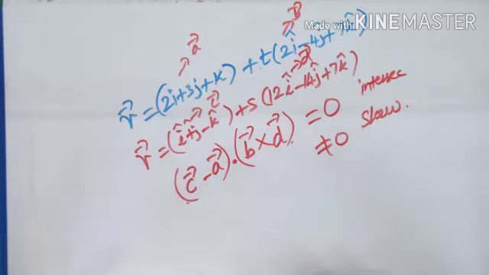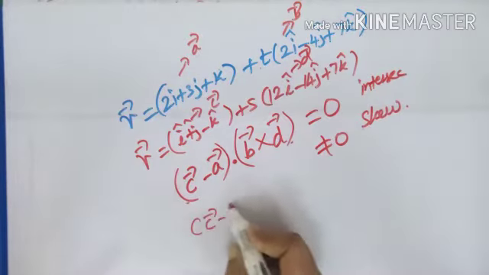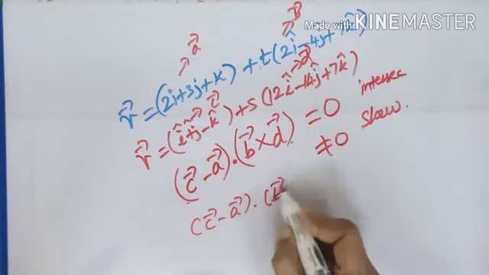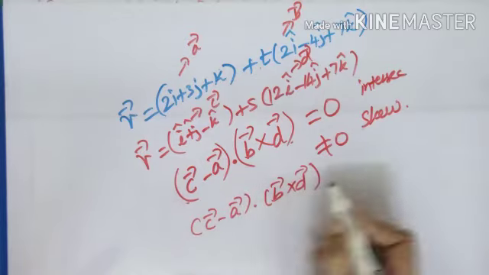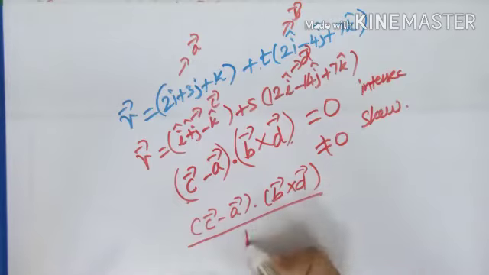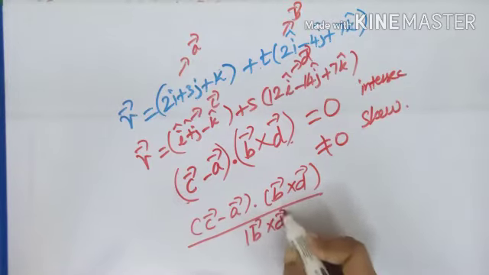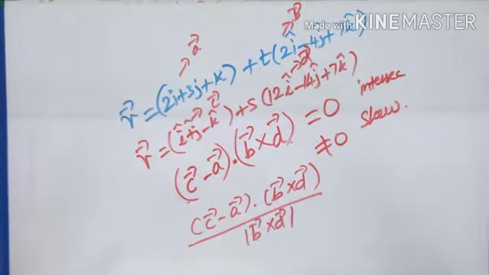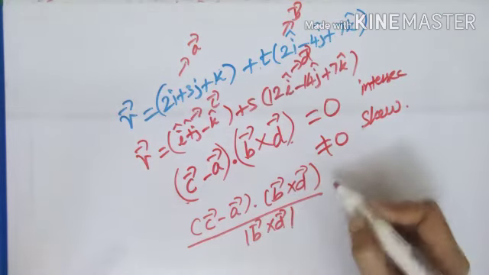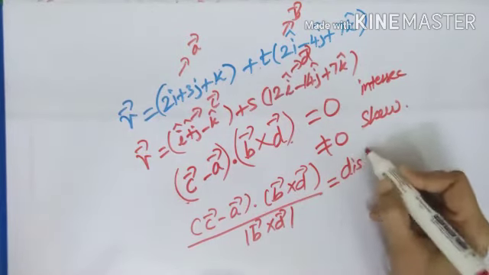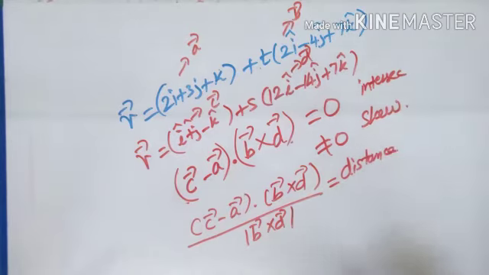So if they are skew, C minus A dot B cross D is nothing but volume. Divide by the area. Cross product is nothing but area. So volume by area will give me distance between the two lines.